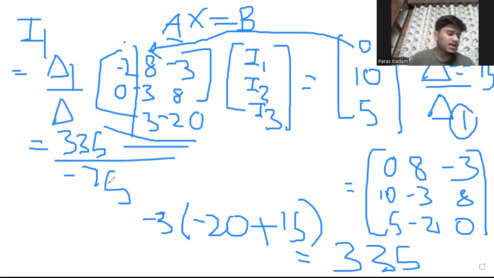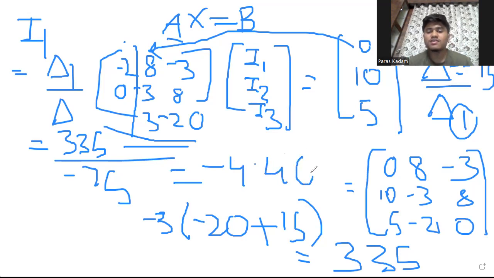So on dividing, we will get our answer. That is 335 upon minus 75, we are getting minus 4.466. This is the value of I1.